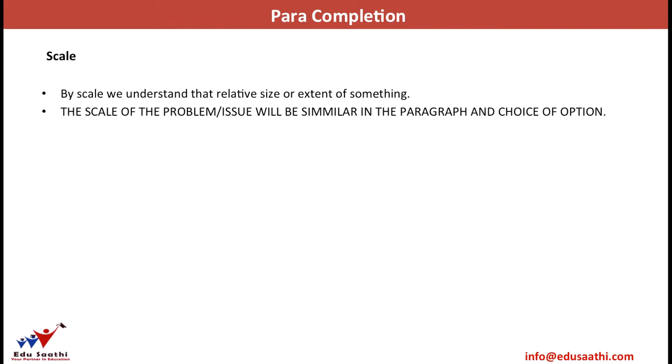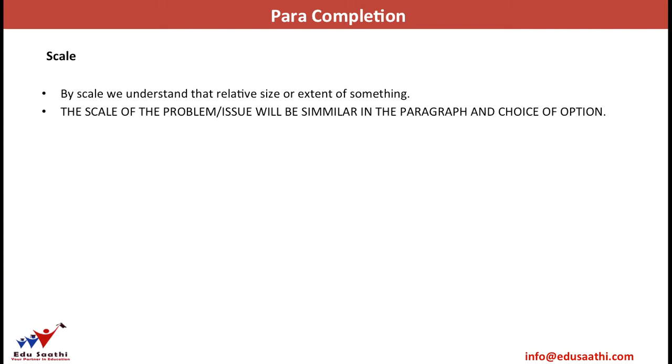What happens is that in one or the other alternative, the question setter usually violates the scale. For example, the passage is talking about problems with women in an organization, and the option is discussing the problems against women in India. So the scale is violated. Therein you were confined to an organization. Here you started discussing the entire women section in India.